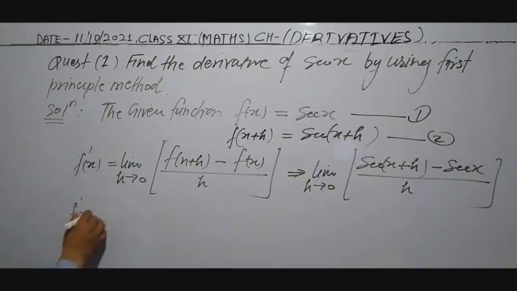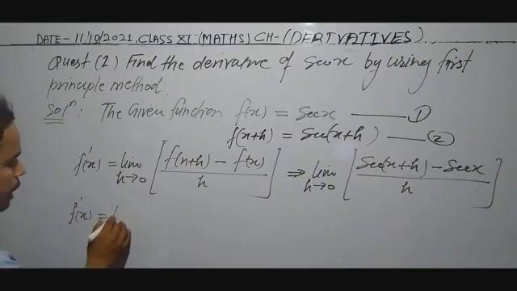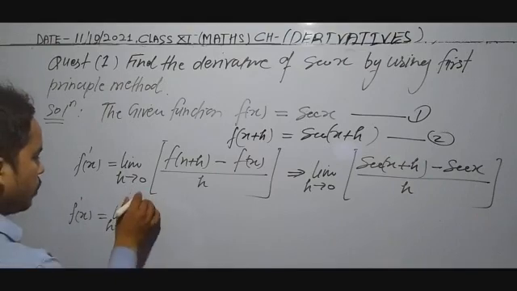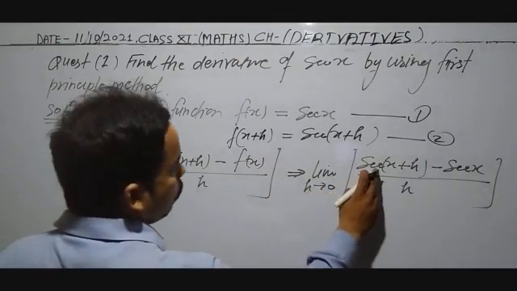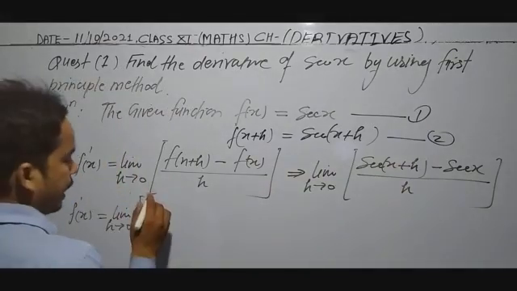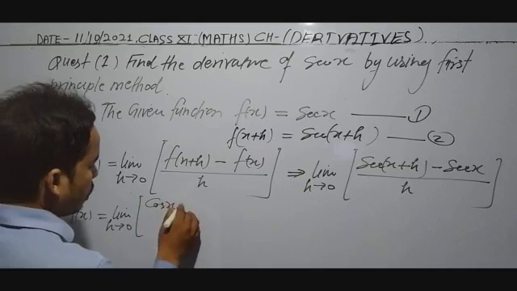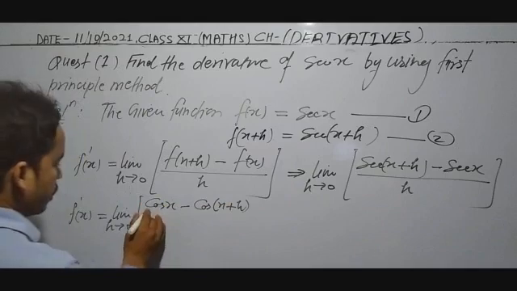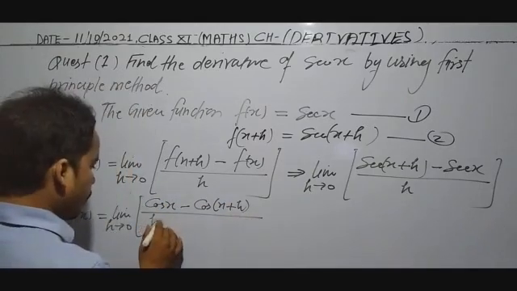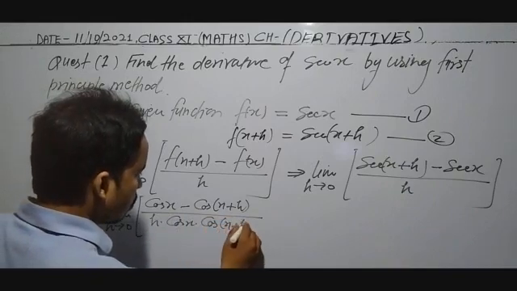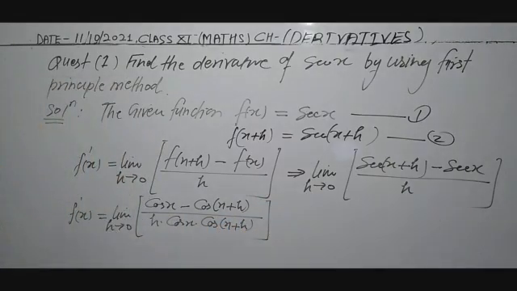Now see, f dash x result we can write limit h tends to 0, of sec of x plus h minus sec x. We have to convert in cos x and taking LCM. So result will be cos x minus cos of x plus h, whole upon h times cos x into cos of x plus h.